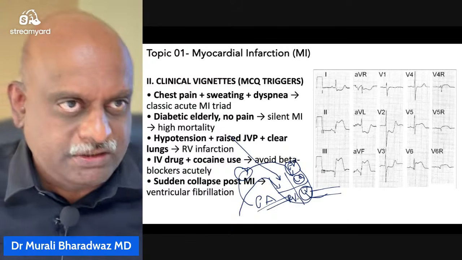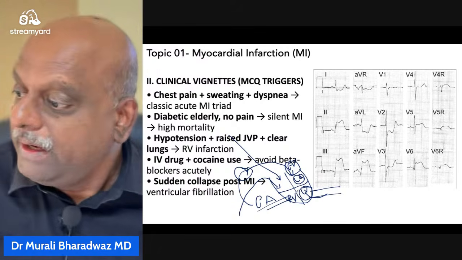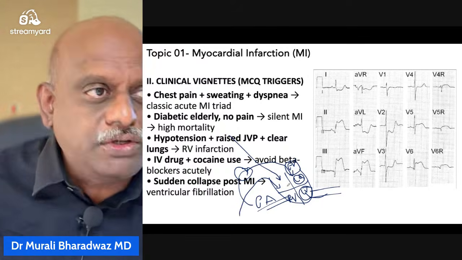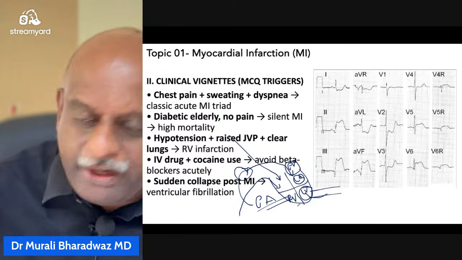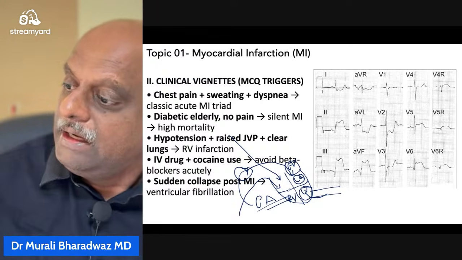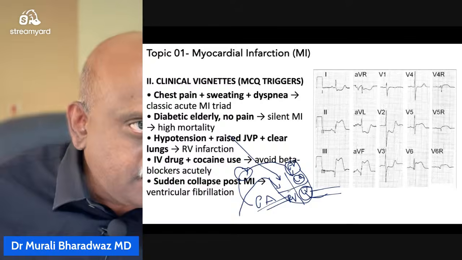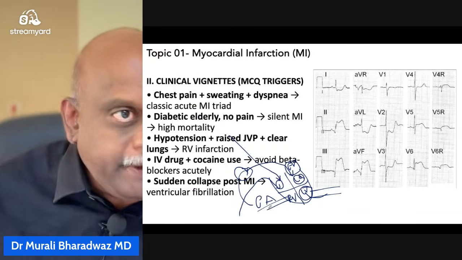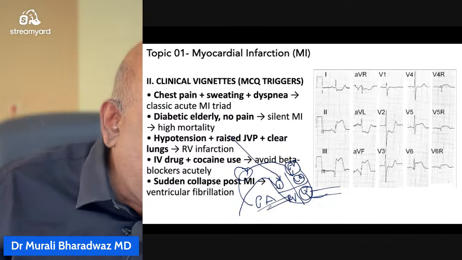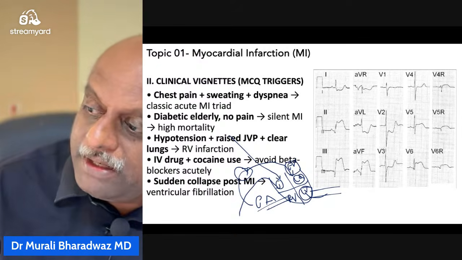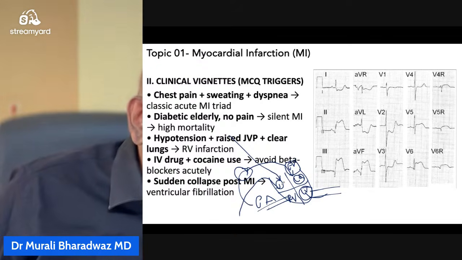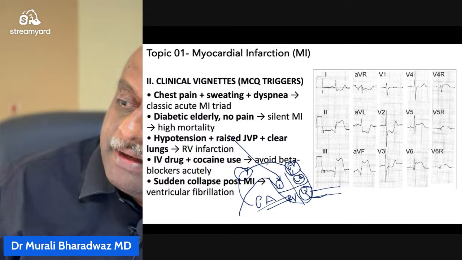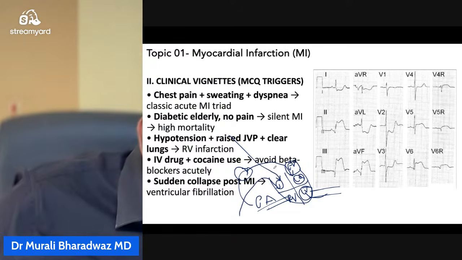RV infarction: it is the SVC, IVC which are draining into the right atrium, which is going into right ventricle. That's the reason whenever RV infarcts, because it is unable to pump into pulmonary artery, the pressure in the right atrium will increase. That will increase the pressure in SVC and IVC.